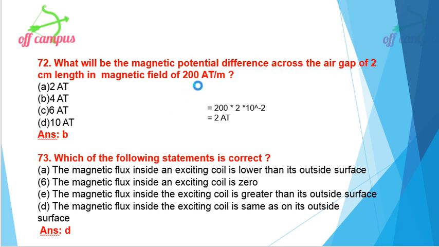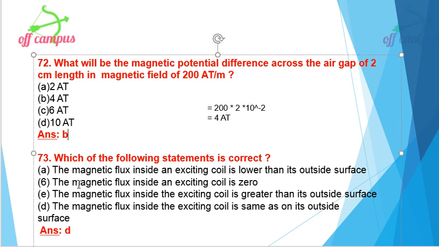So, we multiply 200 by 2, and since it is given in centimeter, 2 into 10 power minus 2. So, 2 and 2 we get 4, and the 10 squared power gets cancelled. So, 4 ampere turns, option B is the right option.